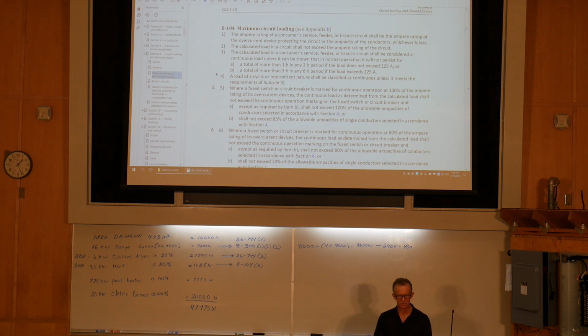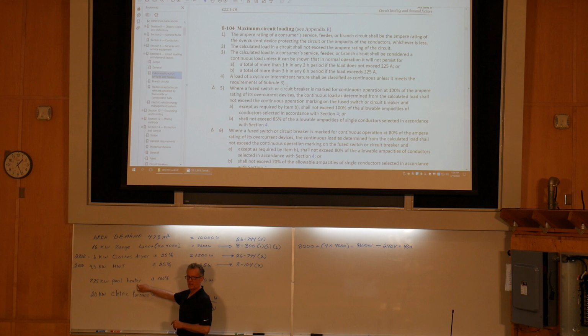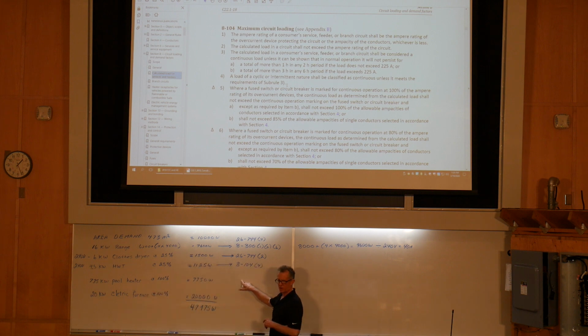It says here, a load of a cyclic or intermittent nature shall be classified as a continuous load unless it meets the requirements of subrule 3. So the pool heater as well as the hot water tank fall under 8-104 itself. Continuous.